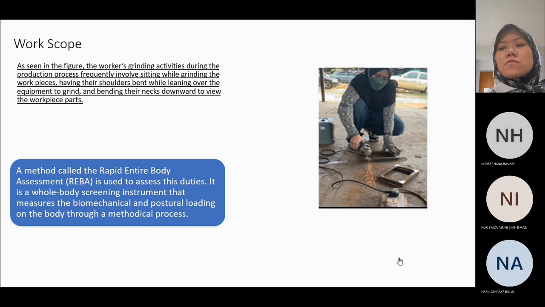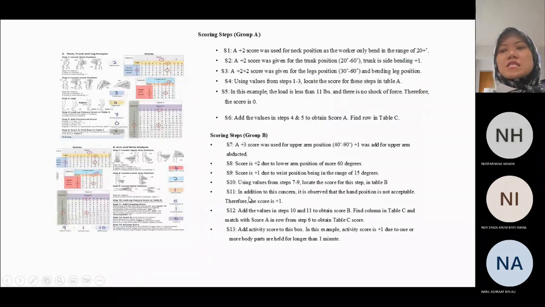It is a whole-body screening instrument that measures the biomechanical and postural loading on the body through a methodological process. Next, the scoring steps for the REBA assessment are collected.